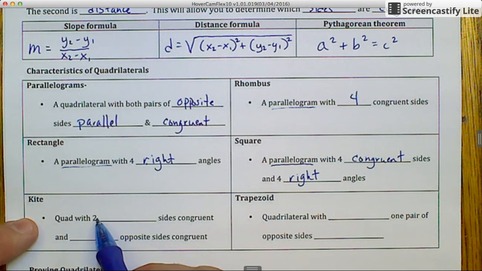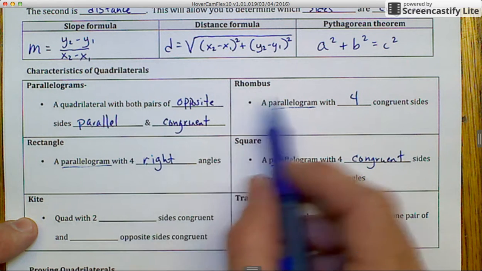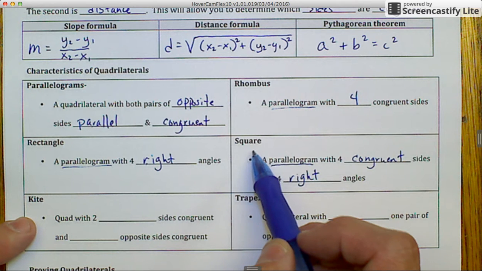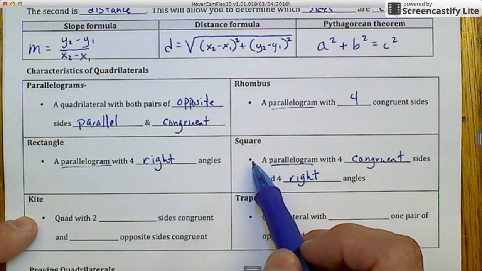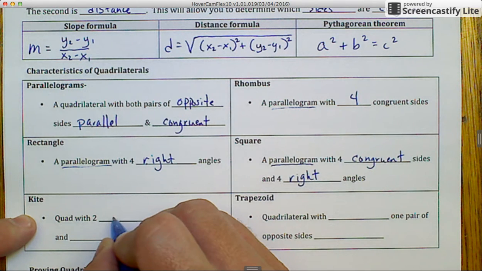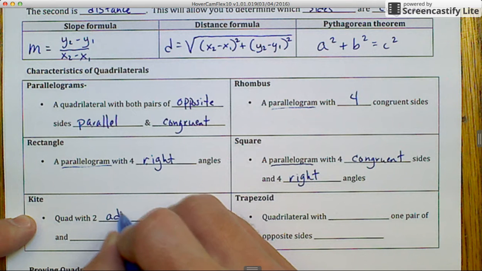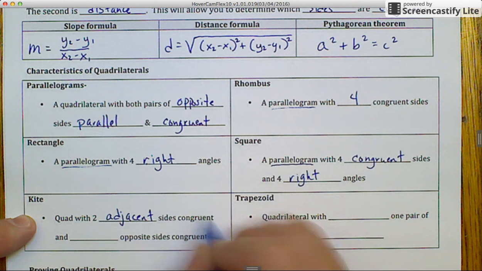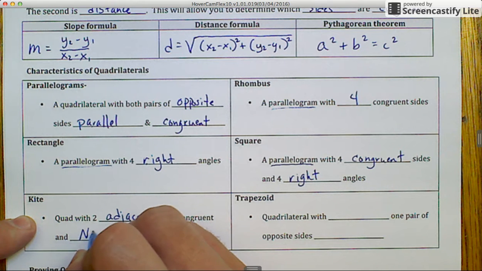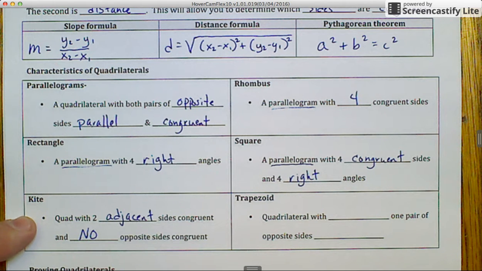Moving on to a kite. A kite is not related to any of these. Remember, parallelograms, rhombuses, rectangles, and squares, they're all in the parallelogram family. So they all share similar characteristics. Moving on to the kite. A kite is just a quadrilateral, so a 4-sided shape with 2 adjacent sides congruent and no opposite sides congruent.